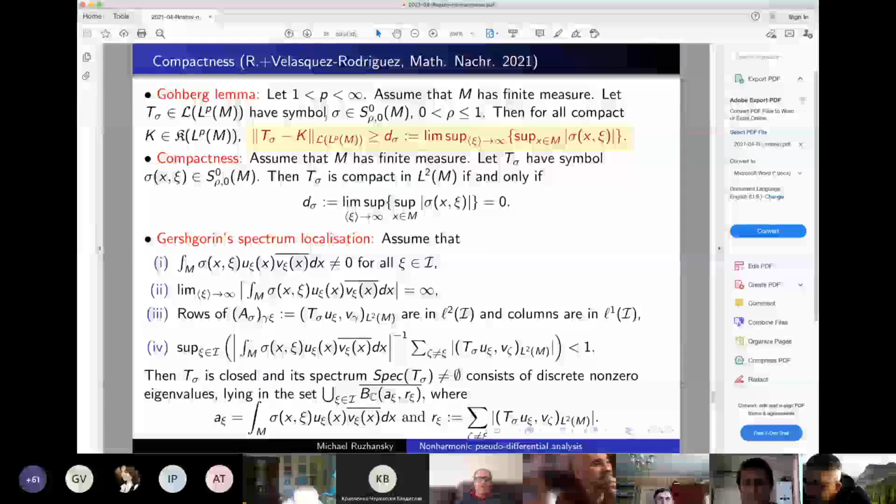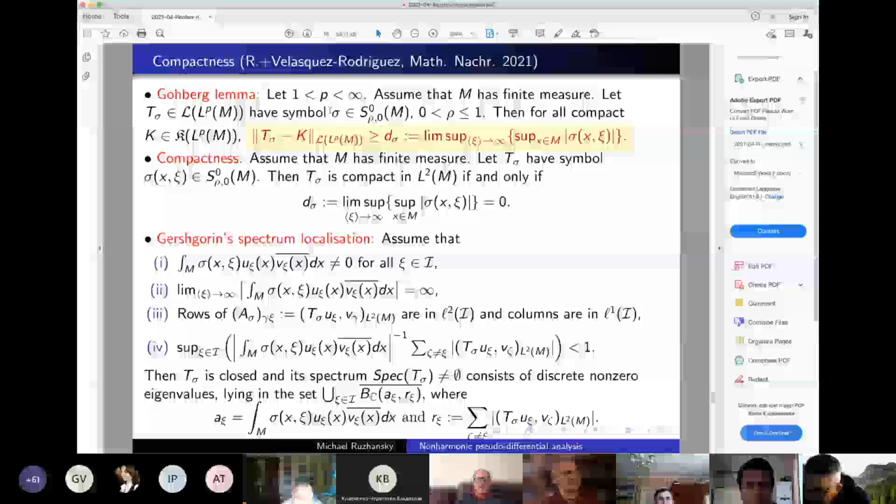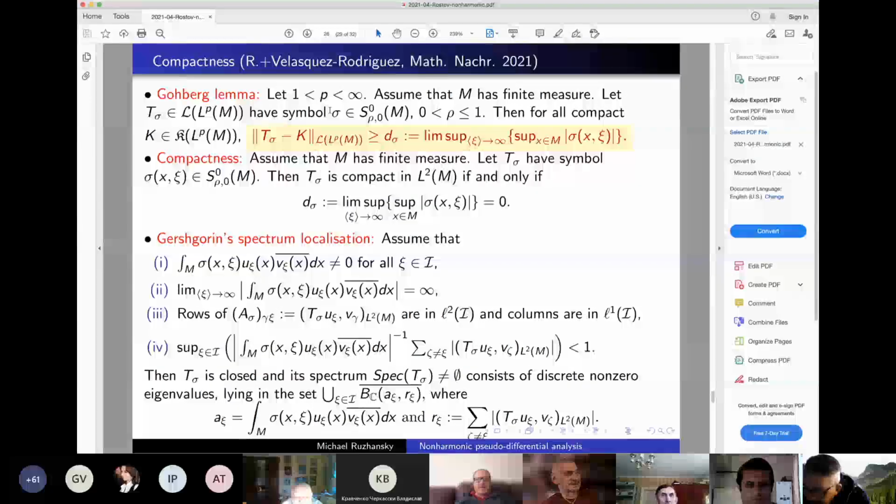So we have the Calkin lemma. I guess in this seminar, people are familiar. So the Calkin lemma measures the distance between an operator and the compacts. So how much is the operator non-compact?